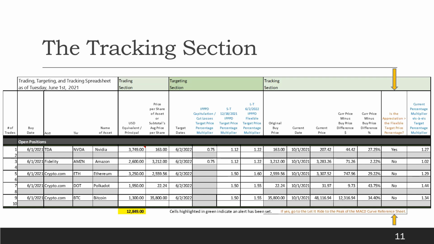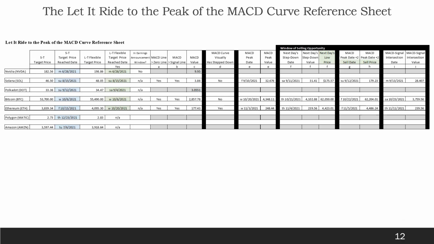And this step needs to be added to our investment project purpose and procedures document. The MACD oscillator will help us with our sell trades, and we will use that TA tool on this reference sheet, the Let Winners Ride to the Peak of the MACD Curve reference sheet.